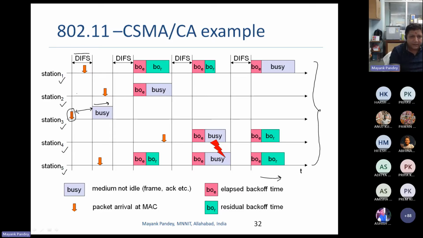Now Station 1 started sensing here, Station 2 started sensing here, and Station 5 started sensing here. Station 1 will start sensing for DIFS time, and as soon as it reaches here, it will find that the medium is busy. Station 2 finds the medium to be busy. Station 5 also finds the medium to be busy.